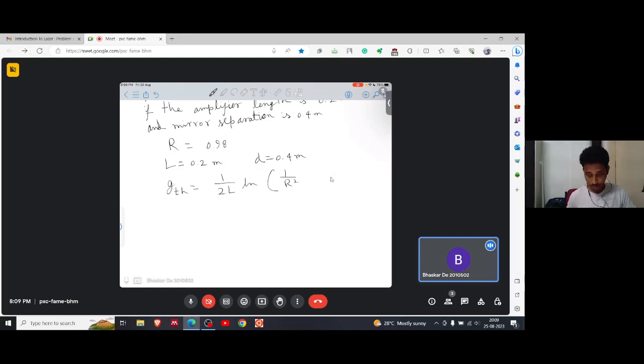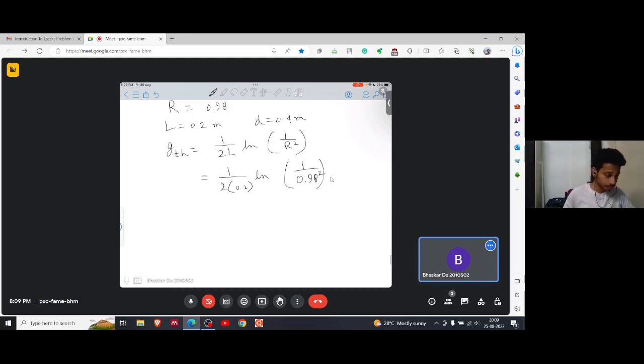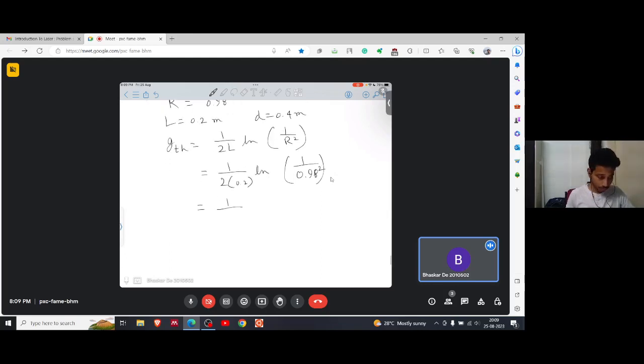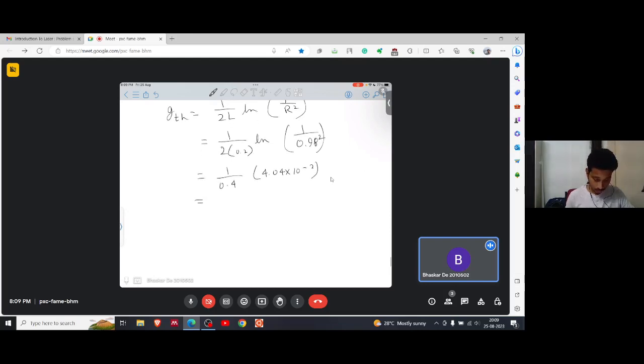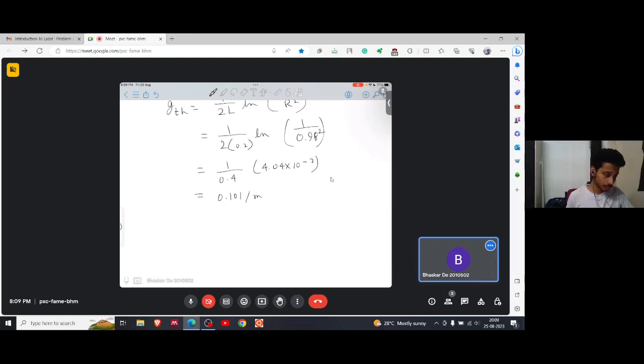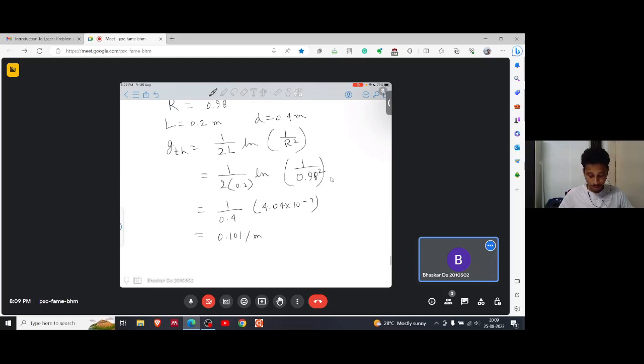This is the most simple case, we'll just use the most simple version of the formula. 1 by 2 times 0.2, ln 1 by 0.98 squared. So this is 1 by 0.4 times 4.04 into 10 to the minus 2, that will be 0.101. So this is the gain.